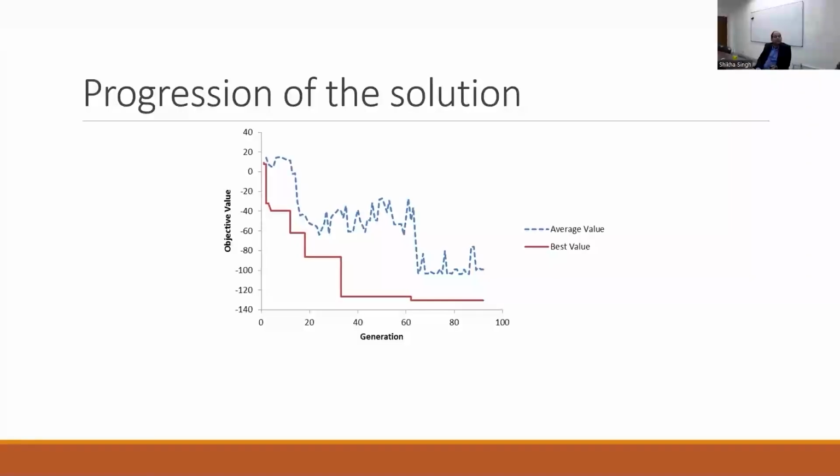And you see here that the best value is obviously decreasing over time. After about 90 generations, you see that we get a solution that's -155 or something like that. And then the average value also goes down.